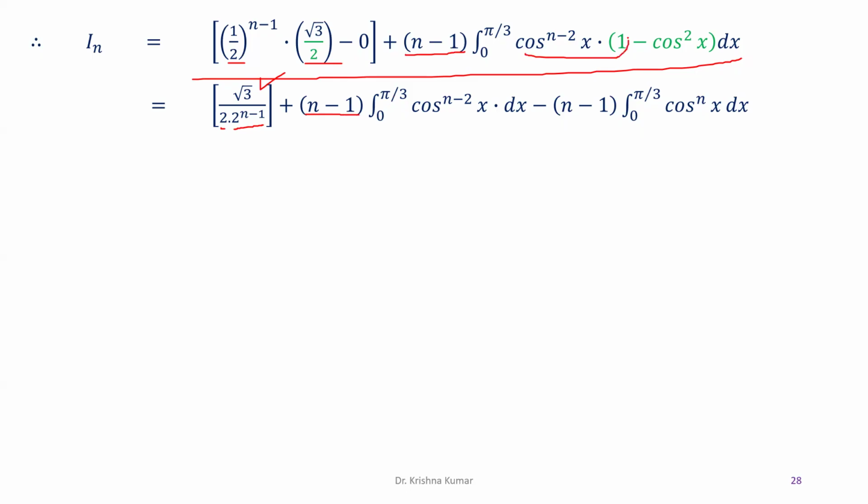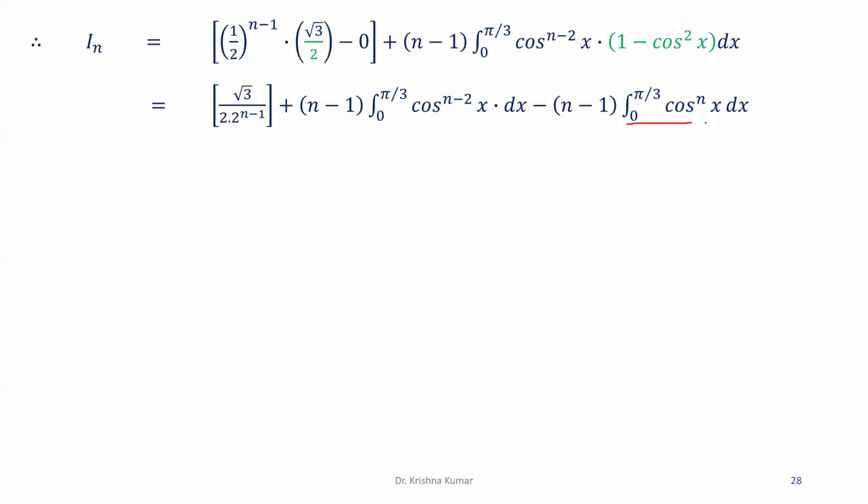If we multiply this with 1, it should be cos to the power n minus 2x dx. Minus, because this is plus and this is minus, so minus this cos square and cos to the power n minus 2. So minus 2 and plus 2 will cancel and we have only cos to the power nx dx.